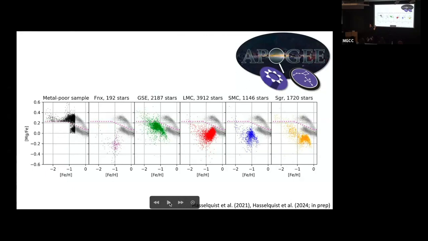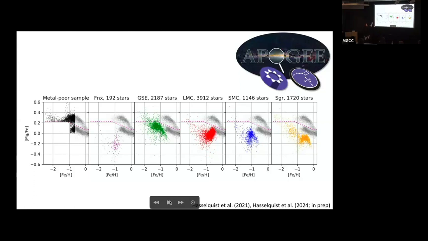But the dwarf galaxies entirely do their own special snowflake behavior, right? So they are offset entirely. In the LMC, you see that rise at the end, the starburst. In Sagittarius, you see a little starburst and then it's declining again. They're all showing these really fun behaviors that you can study in dwarf galaxies because of their shallow potential wells.